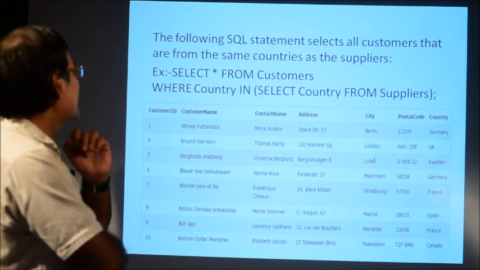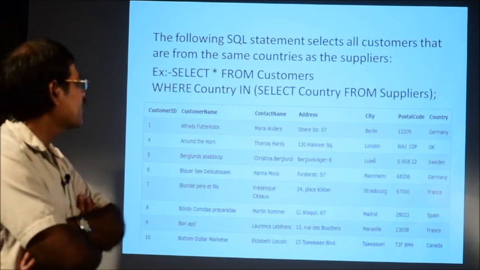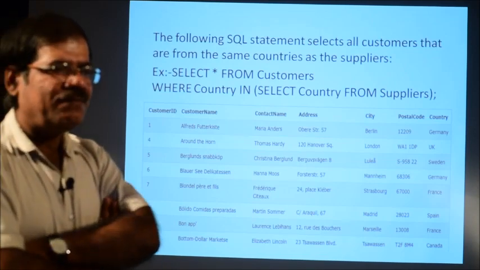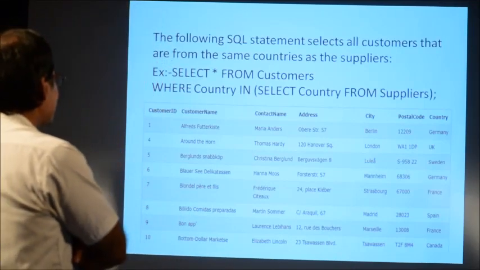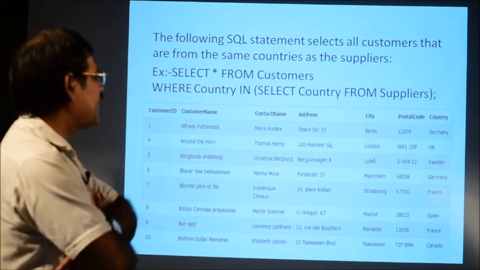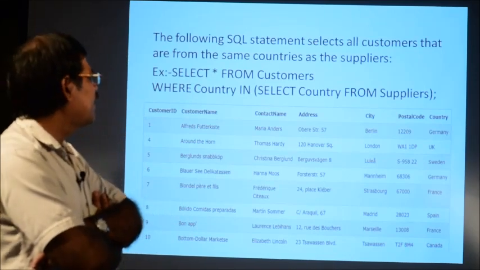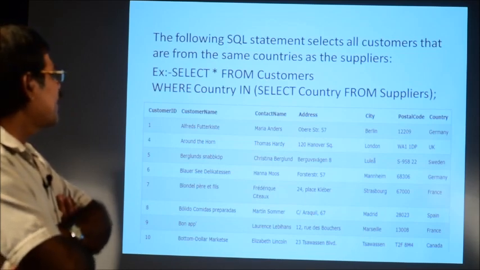So, what do you write? Select star from customers where country in. In the previous case it was already mentioned as Germany, France or UK, but here another select statement is written within the brackets: select country from supplier.